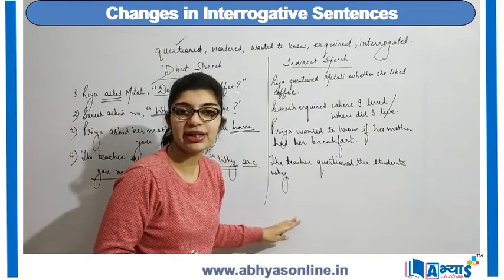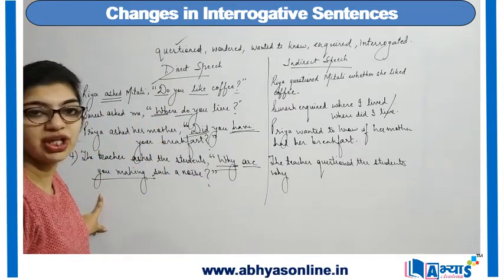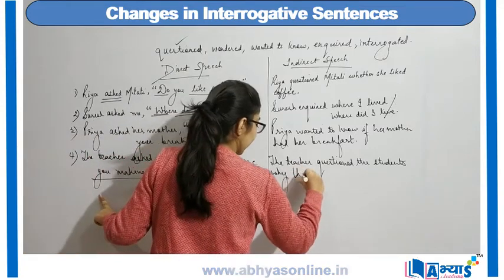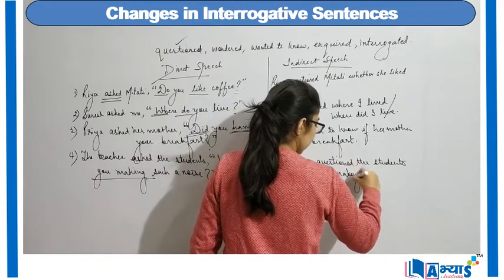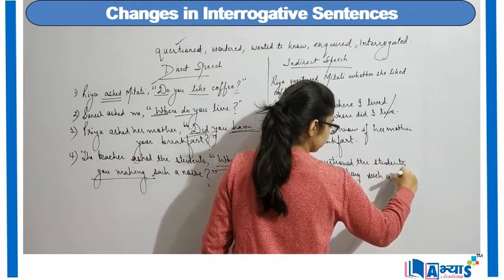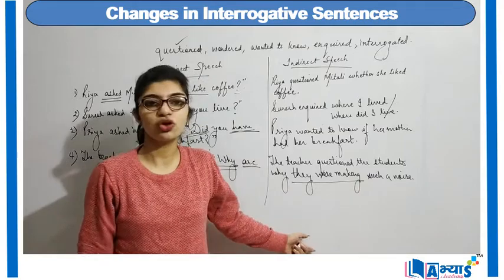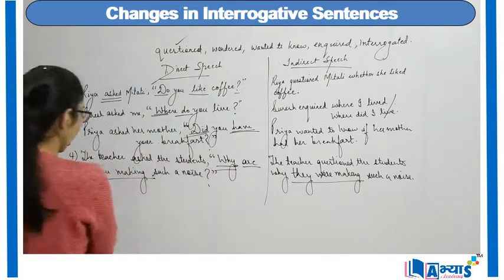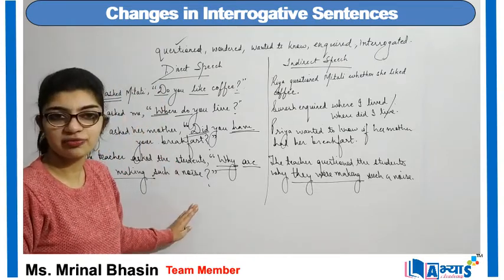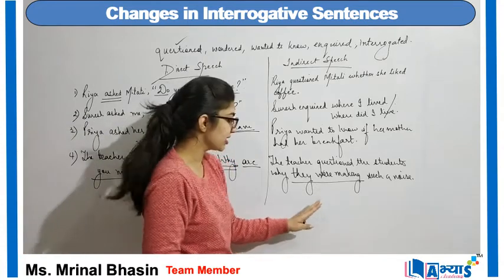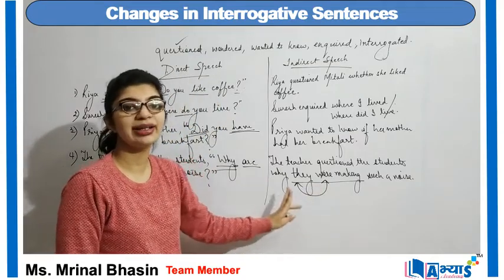I have to make it a simple statement, so I will say why, you will change to they, why they were making such a noise. Why they were making, this is not a question, but why are you making, this is a form of question. We have to eliminate the question form and make a simple sentence. Therefore, this will interchange. Why were they will change to why they were.